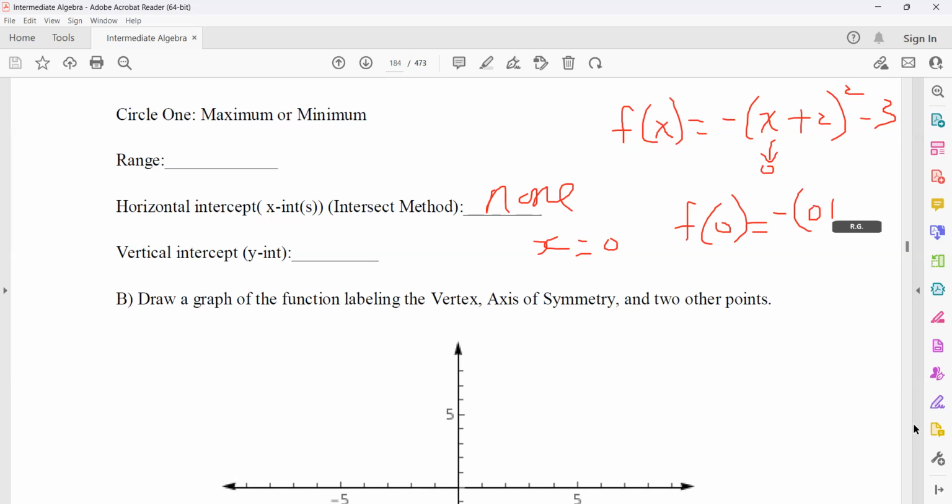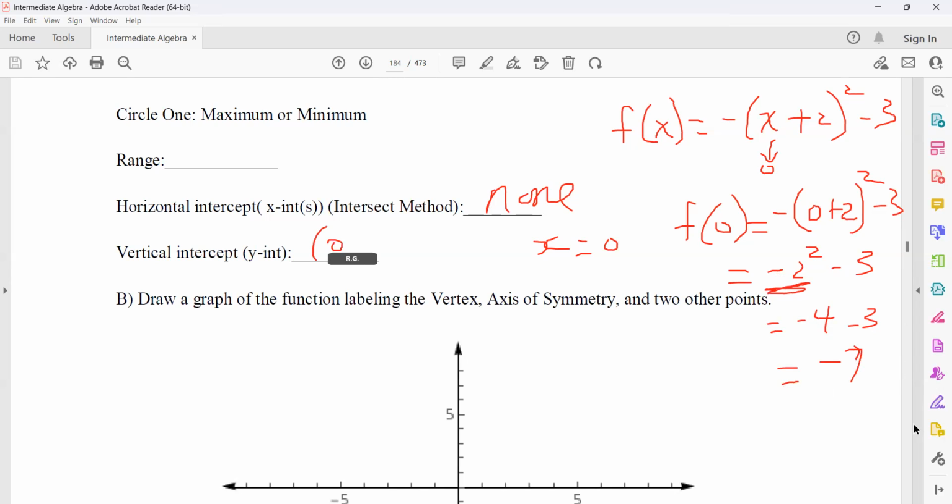So 0 plus 2 squared minus 3. So this gives me 2 squared and then a minus 3. So I'm going to have -4 minus 3. Remember here, the square does not affect the negative, right? It doesn't affect the negative. So you have -7. 0, -7.